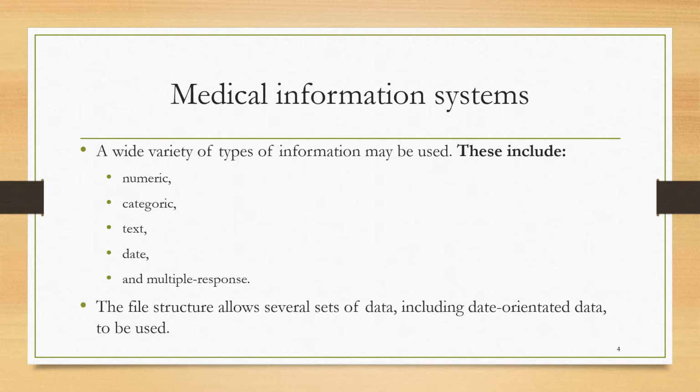A wide variety of types of information may be used. These include numeric, categoric, text, date, and multiple response. The file structures allow several sets of data, including date-oriented data, to be used.